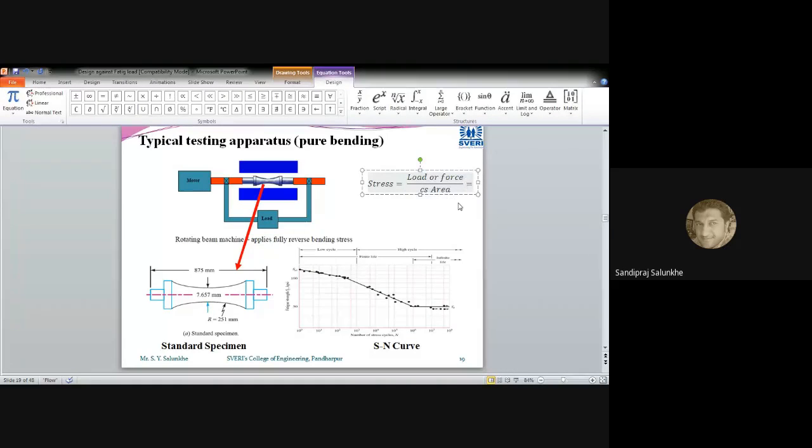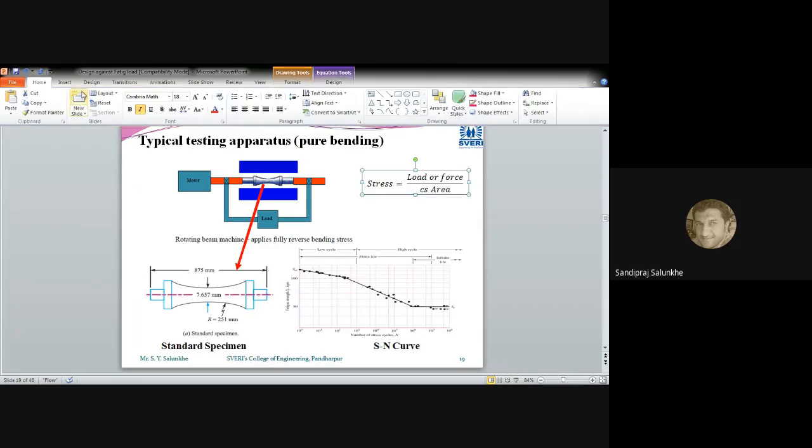When we apply this standard formula for calculating stress in this component, the stress will be completely reversed. Now one can ask how it will get completely reversed. For that, he has applied this motor over here and rotates the specimen. What will happen if you rotate this specimen and apply bending stress from both directions?